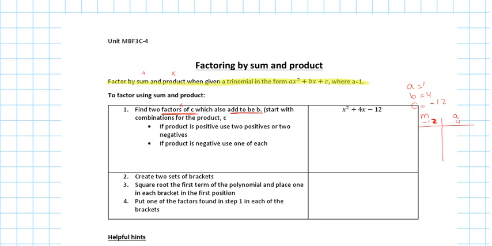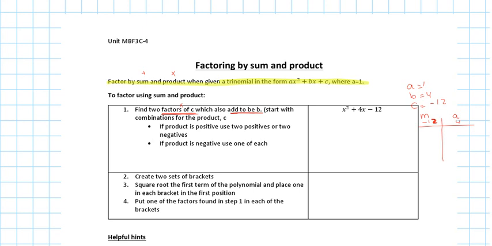The third column, because B is positive and C is negative. That means my large number has to be positive and my small number has to be negative. So keep that in mind.